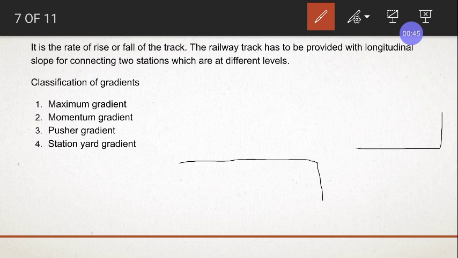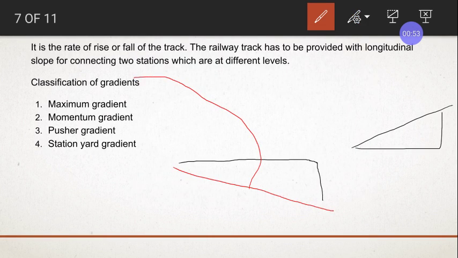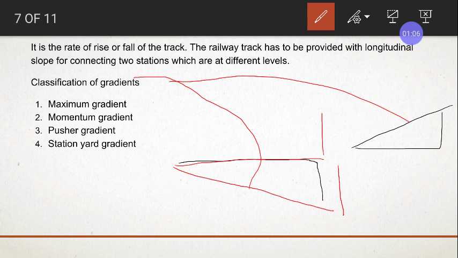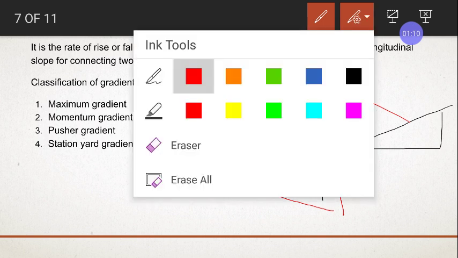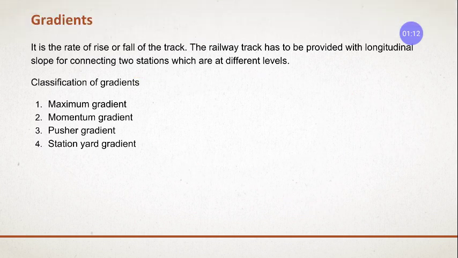That will be your gradient, because after some distance there is some rise or some fall. That slope is called a gradient.